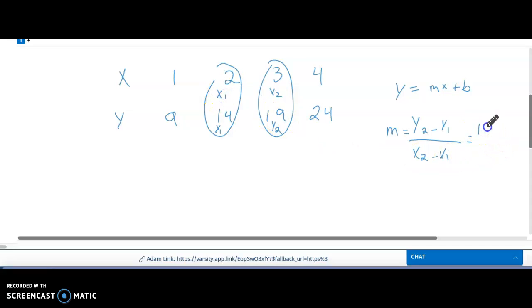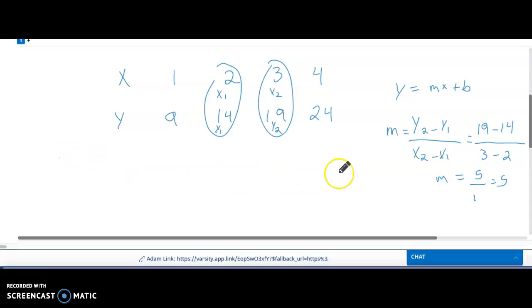So it's 19 minus 14 divided by 3 minus 2. 19 minus 14 is 5, and 3 minus 2 is 1, so the slope is 5.